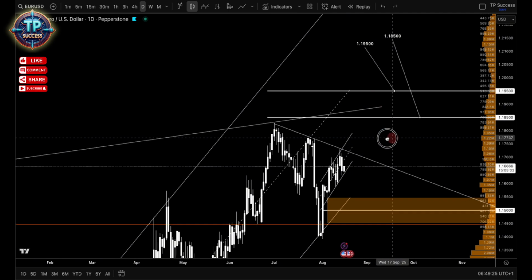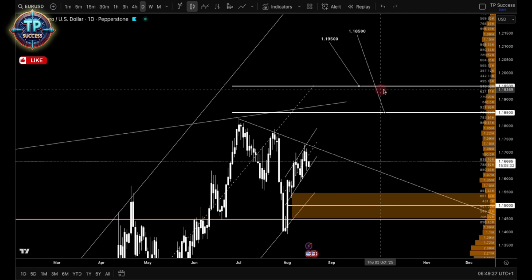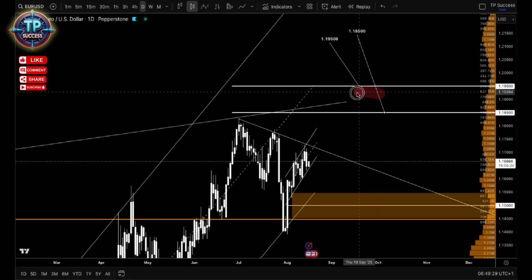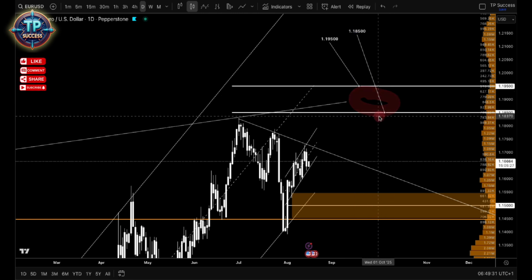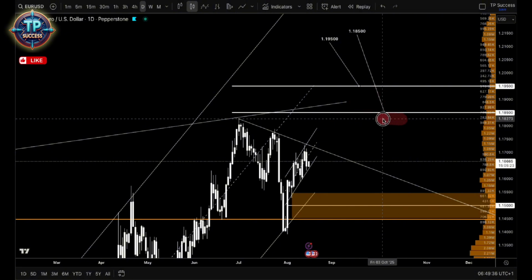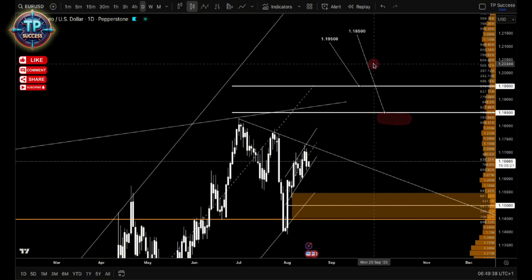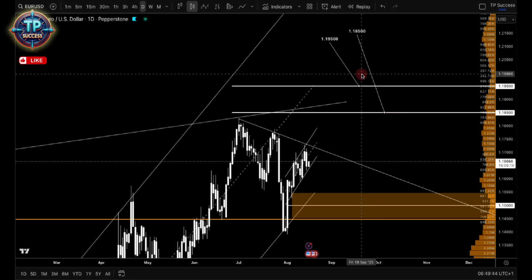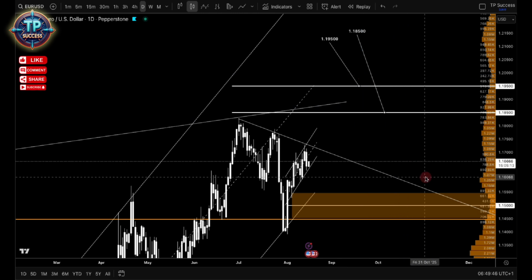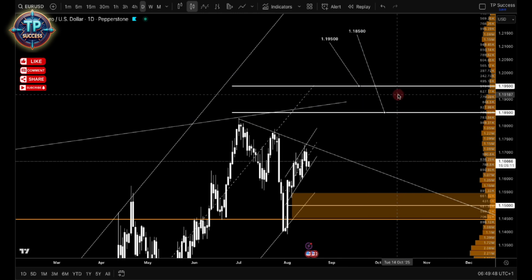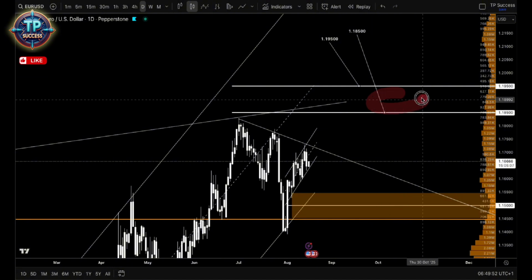But at the same time, I'm only looking to take sells from this location if we get price going into this zone and closing under. So that will be 1.18500, because that will give me the confidence to say that price is coming down and therefore it will make sense for me to start selling. Why? Because I've begun to see price move away from this zone.